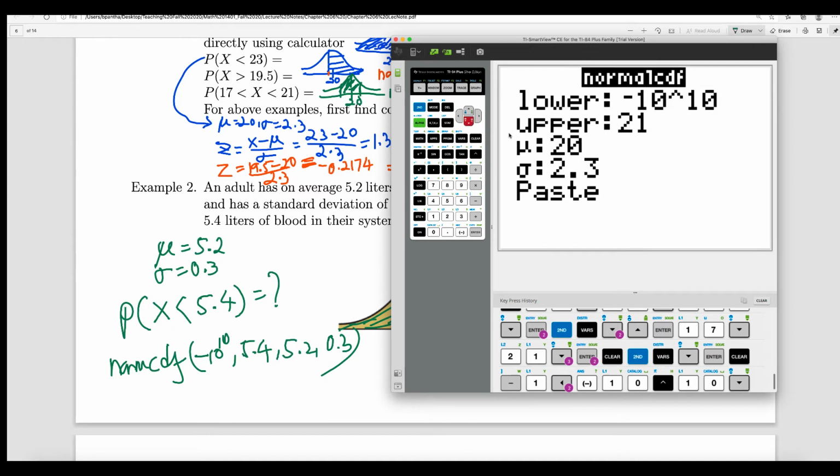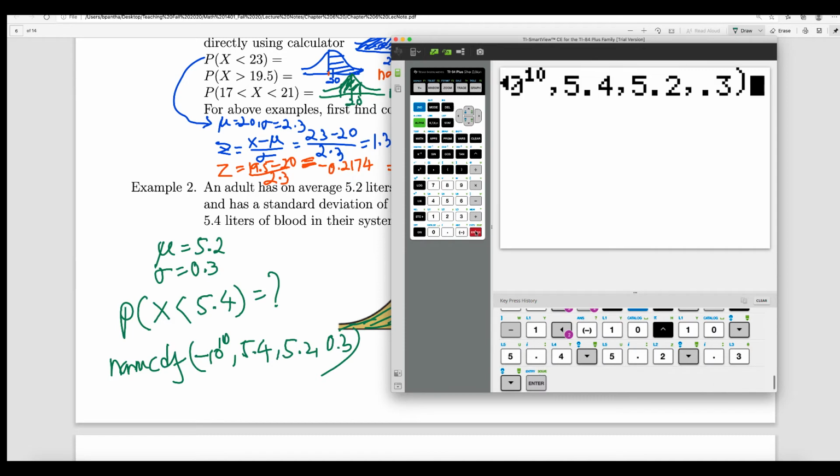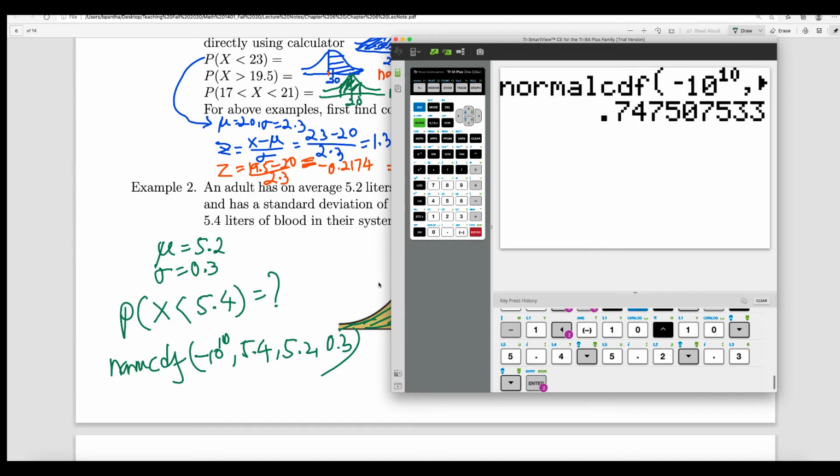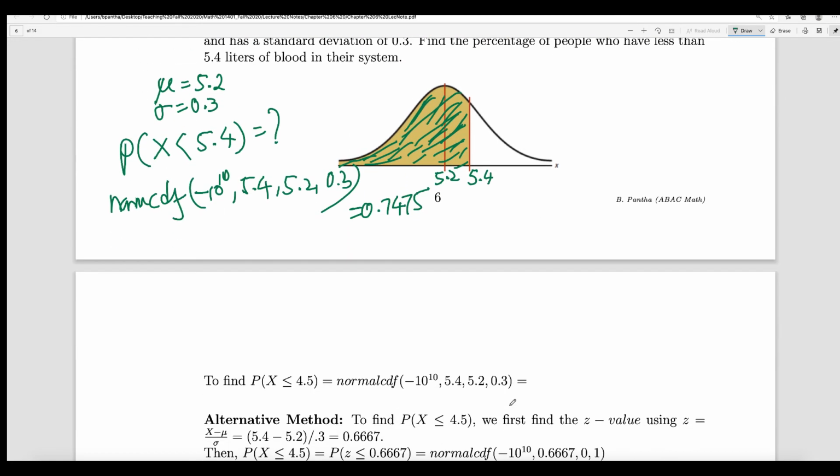And the right bound is 5.4. Mean is 5.2, right? And the sigma is 0.3. So you go to paste and then do that. So you get 0.7475. This is the area left of that.